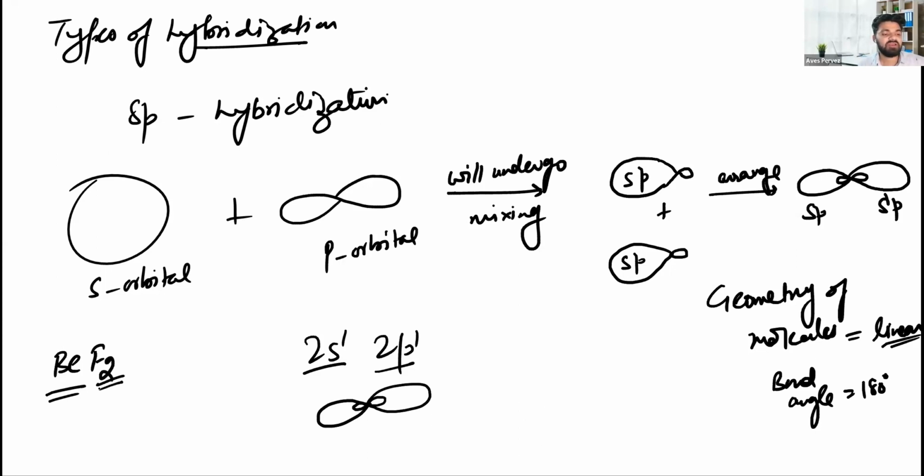Now, fluorine has electronic configuration 2s2 and 2p5. Seven electrons in the outermost shell, 2,7. So it will have only one p orbital unpaired. So that p orbital will make a bond like this. That p orbital will make a bond like this.